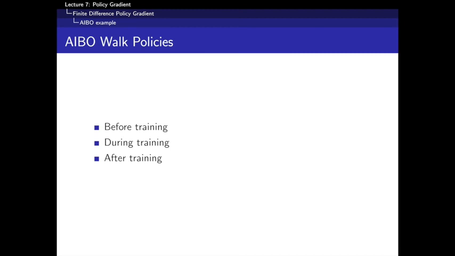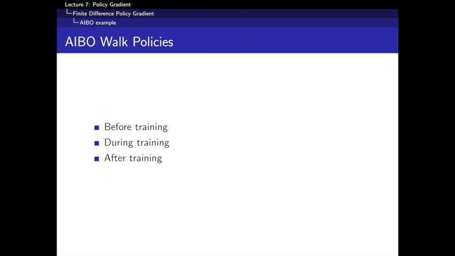This thing is really dependent on the ground it's on, and it tends to slip an awful lot. And over time, it starts to learn something a little bit better. Let me try that again. I think that was just an artifact.